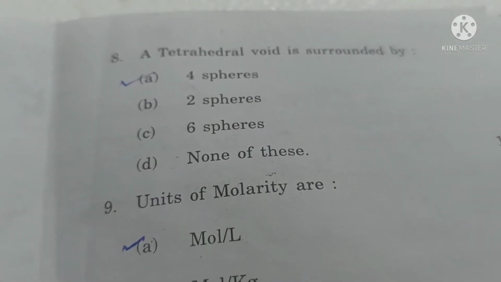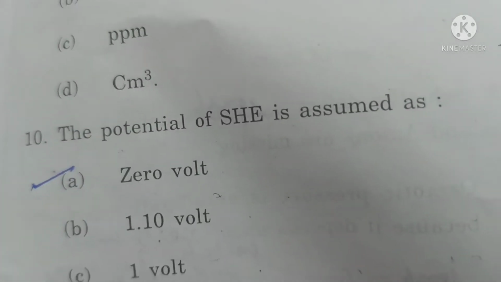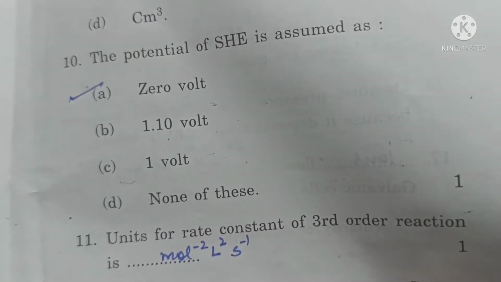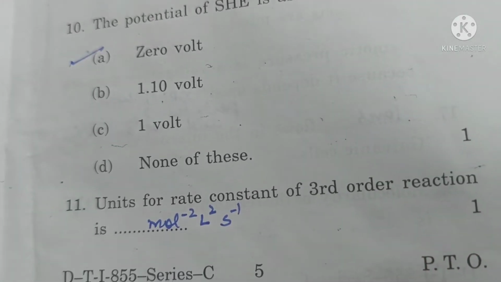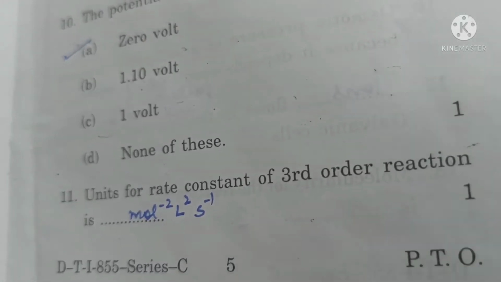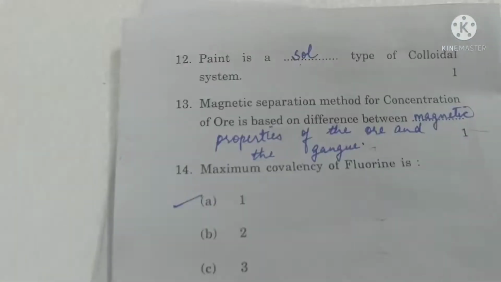A tetrahedral void is surrounded by 4 spheres. Units of molarity are mole per liter. The potential of standard hydrogen electrode is assumed as 0 volt. Units for rate constant of third order reaction are mole raised to power minus 2, liter square and second inverse.